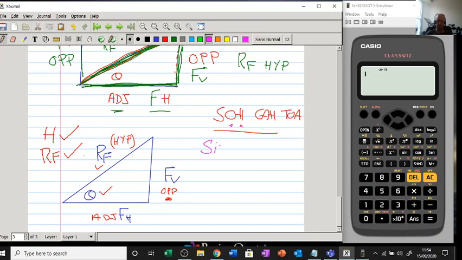Sine of the angle, because I know the angle, equals opposite over hypotenuse. If I want to find the opposite, all I've got to do is bring this across. Sine of the angle multiplied by the hypotenuse equals the opposite.